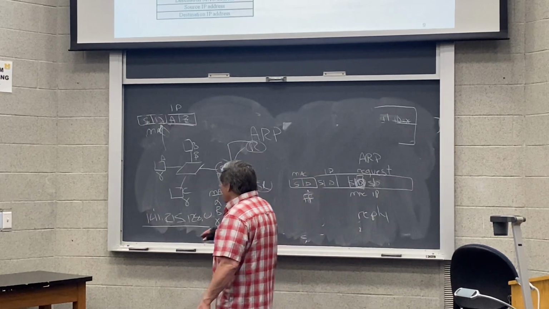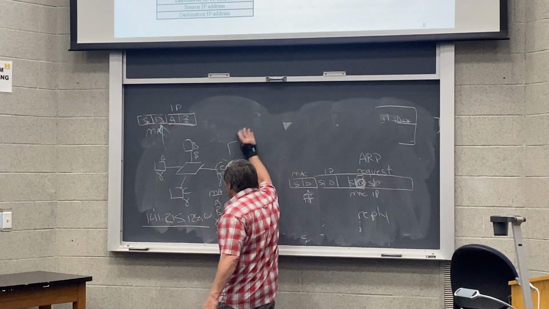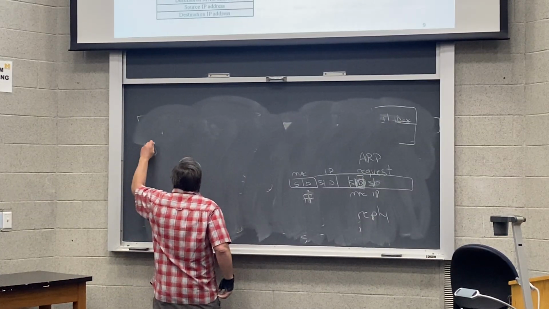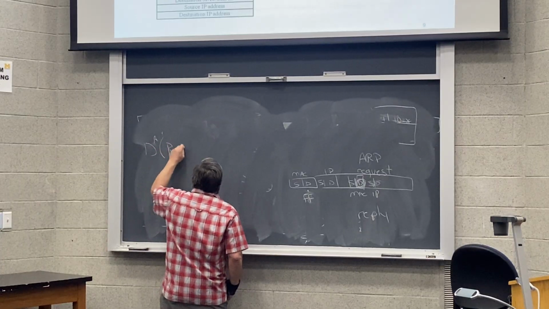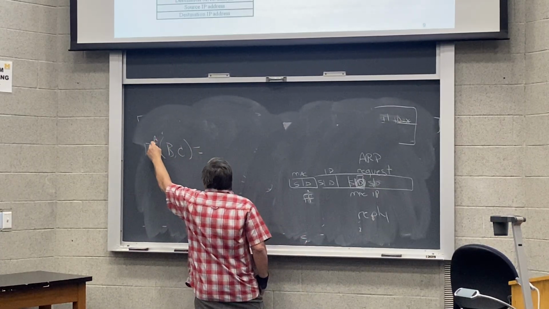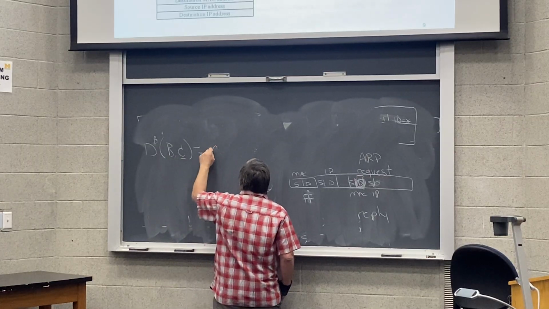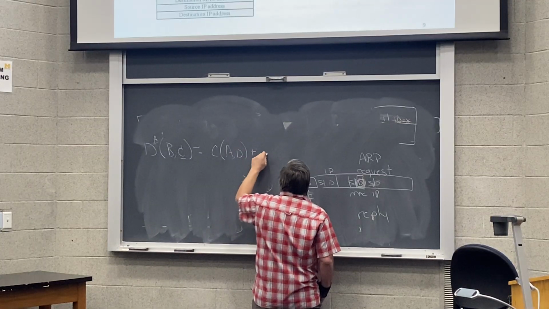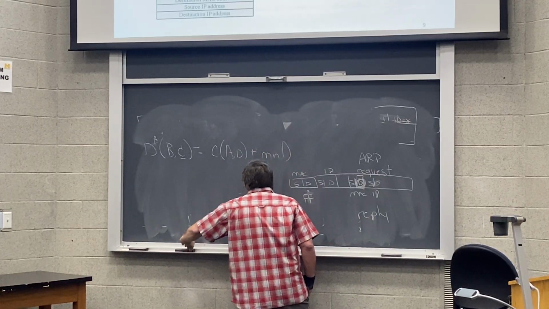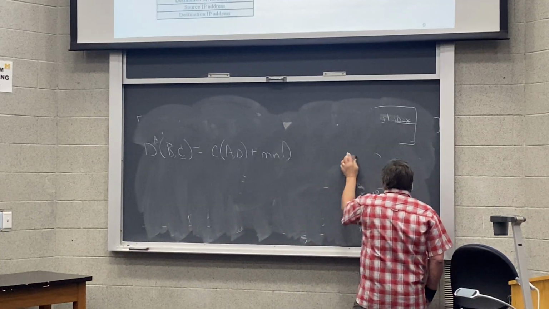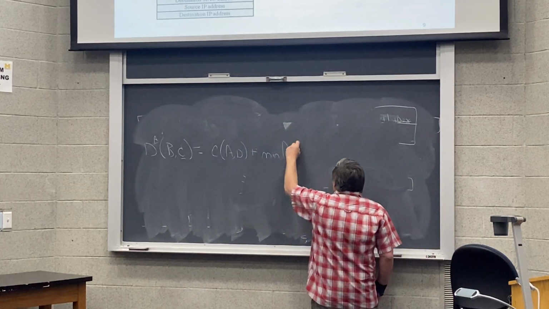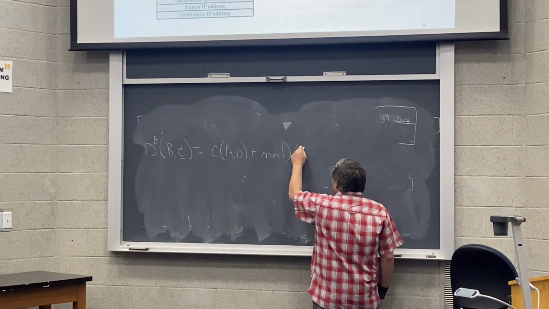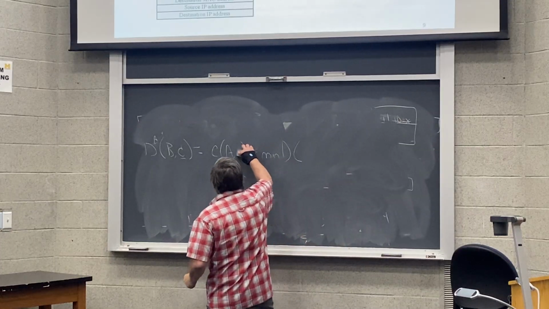And then we have RIP and distance vector, which we just covered. So distance vector, we have the distance from A to B by C is equal to the cost of A to C plus the minimum distance of C to B by some W. Wait a minute, let me do that.